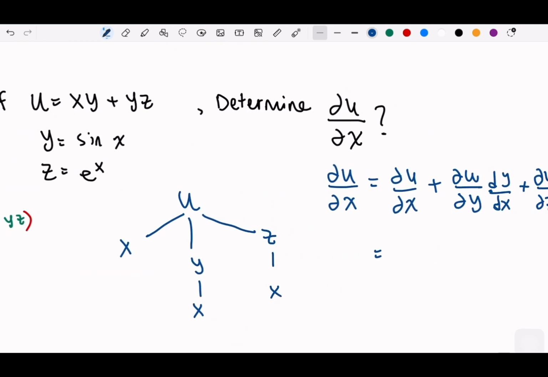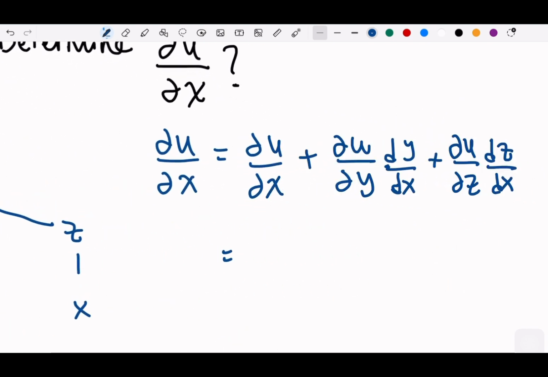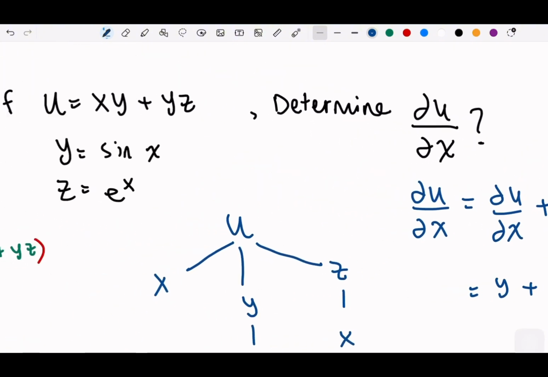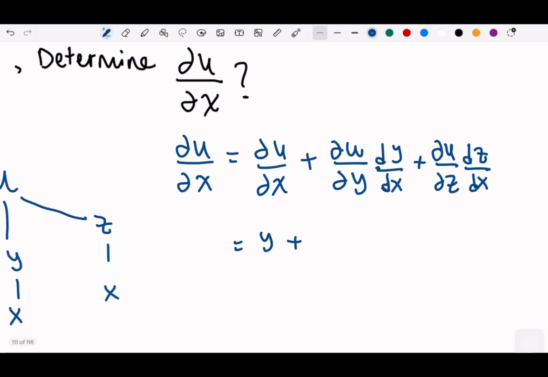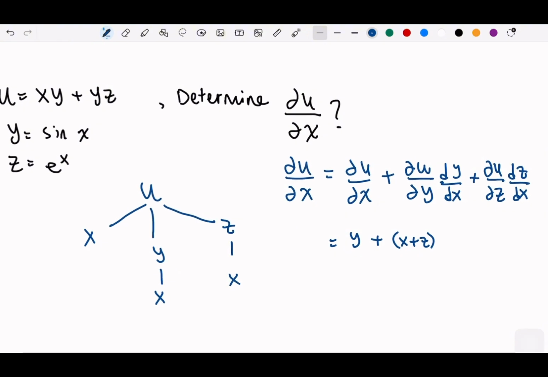So in terms of this becomes y plus, if we derive with respect to y, this will be x plus z, and dy dx will be cosine x, and plus this will be with respect to z is just y, the other one will be the constant, and dz dx is just the same e.